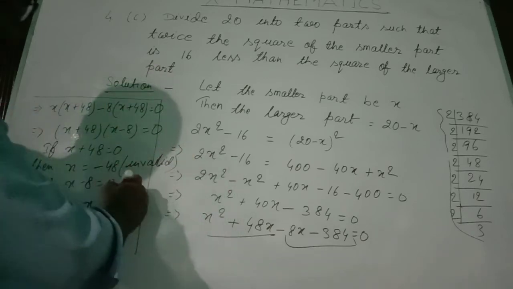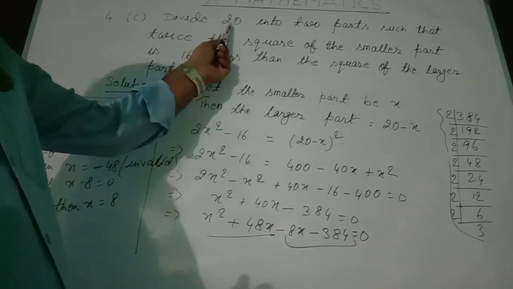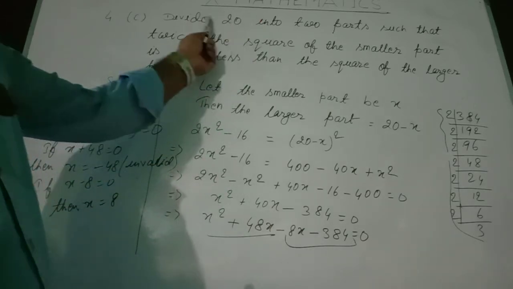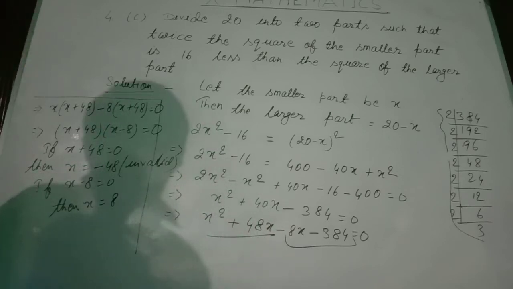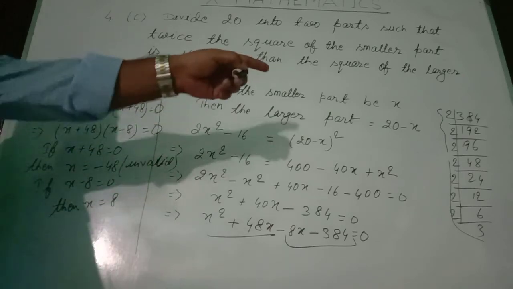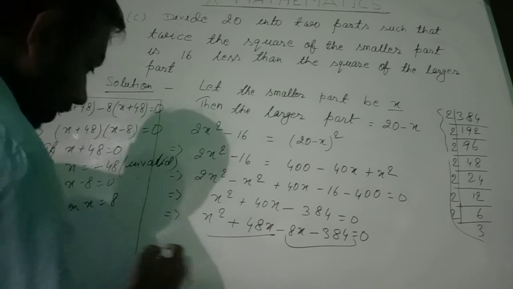So this is the valid value, because a negative number can't be a part of this division of 20 into two parts. Always that will be a positive number. So the smaller part became 8 right here.